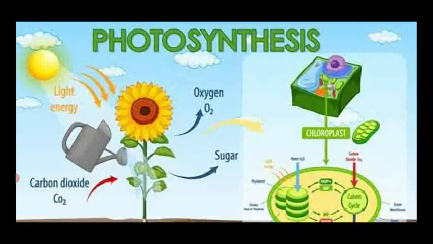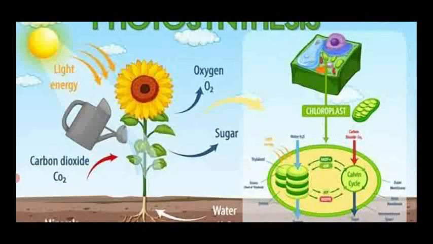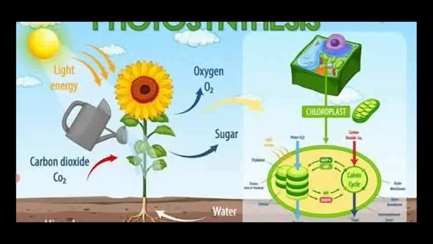Carbon dioxide is present in the atmosphere and sunlight is also present in the atmosphere. So they are absorbing carbon dioxide and sunlight from the atmosphere and preparing the food material in the form of sugar by using the green color pigment present in the chloroplast, a cell organelle present inside the plants, and liberate the oxygen outside. That is the first diagram.